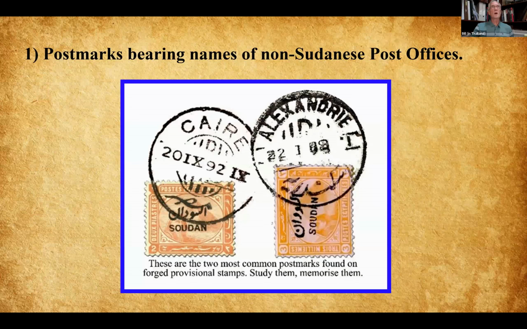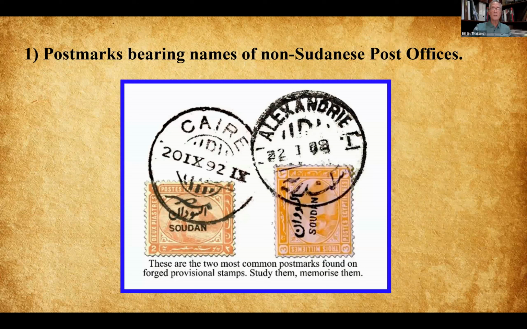The first is postmarks bearing the names of non-Sudanese post offices. It makes sense that genuine used stamps of Sudan would most likely bear postmarks of Sudan. Those bearing postmarks of other countries, particularly Egypt, should be highly suspect.